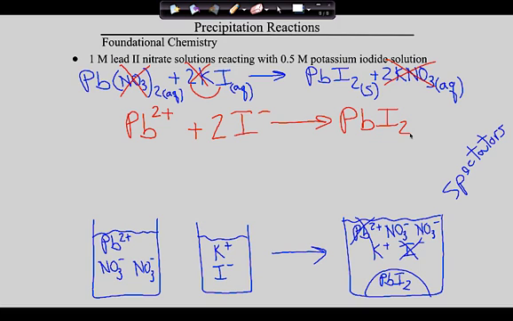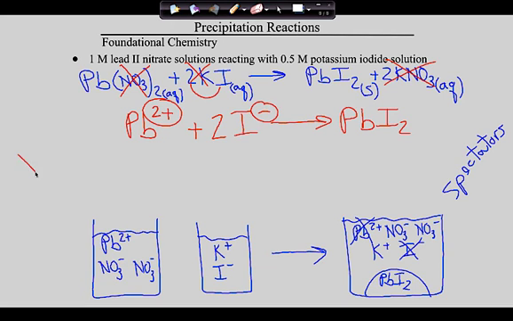Notice this. Your reactants have charges. Why do they have charges? They're dissolved in water. They're ionized in water. Notice your product does not have a charge. Why not? Because it's a solid sitting at the bottom of the beaker. Now, guys, this has a name.